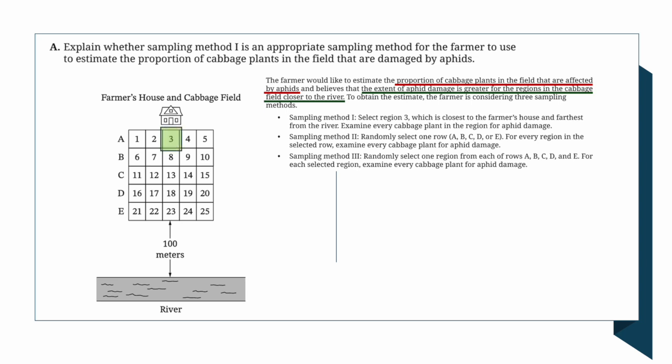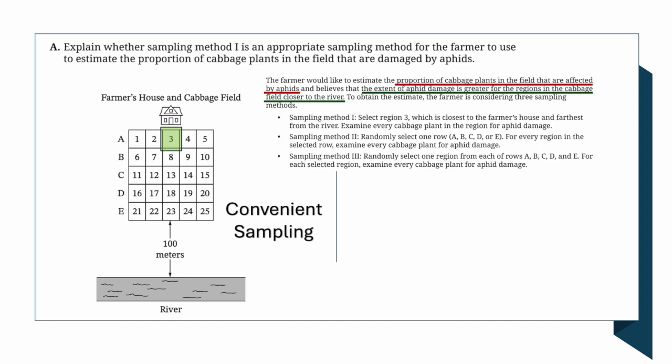So region 3, that's right there. Examine every cabbage plant in the region for aphid damage. Now, is it an appropriate sampling method? By looking at this, you can see this is an example of convenience sampling, and convenience sampling is never a good method of sampling. It always leads to either an underestimate or an overestimate of the parameter.